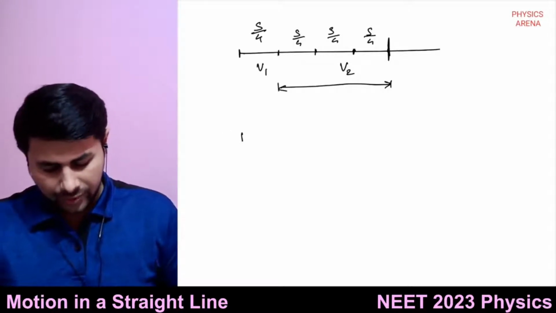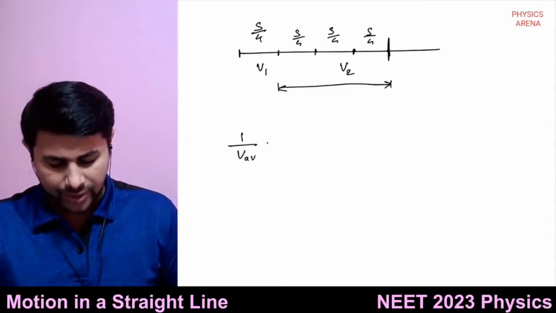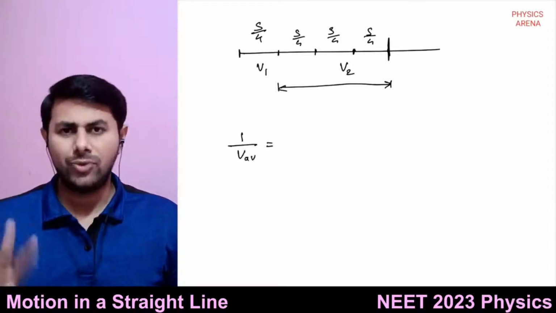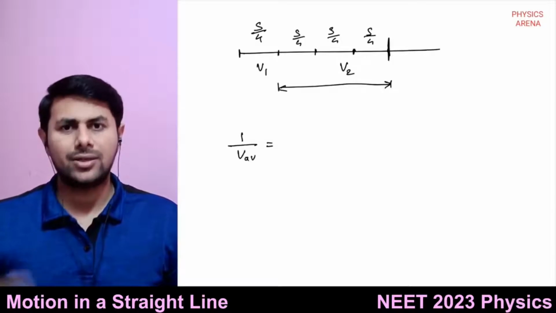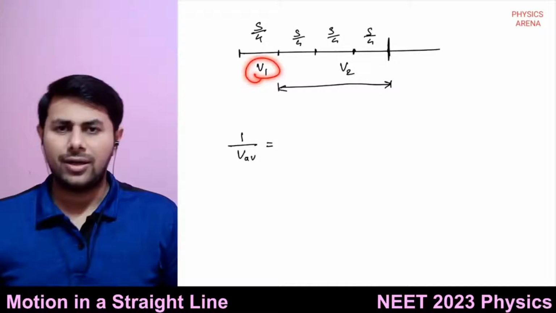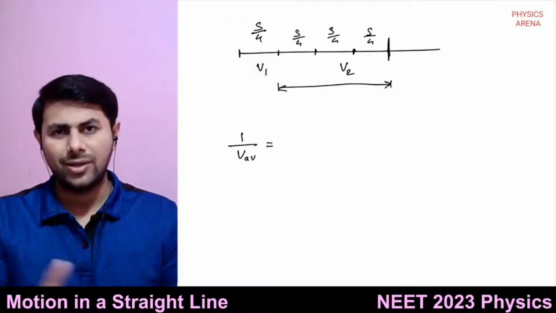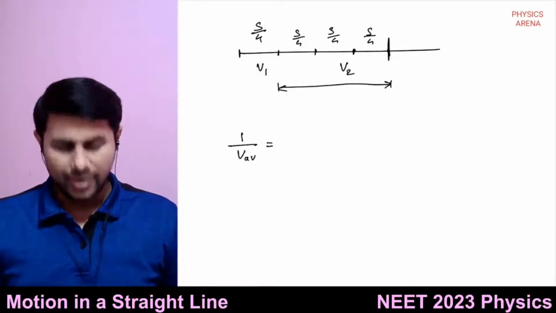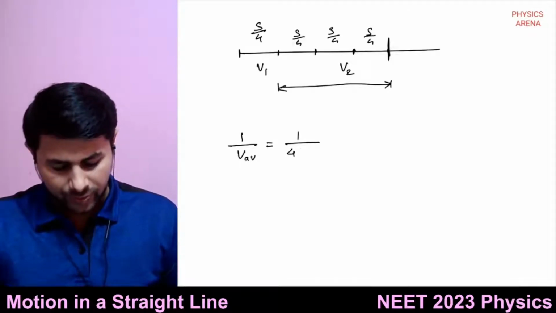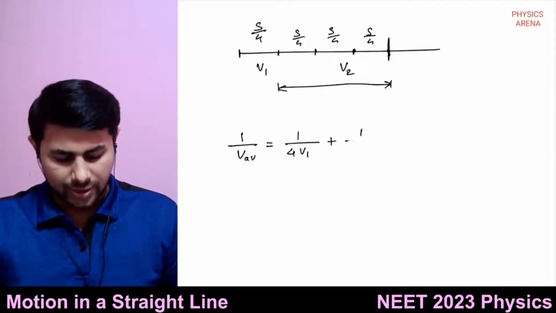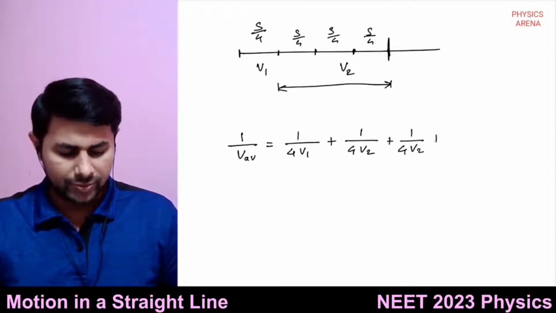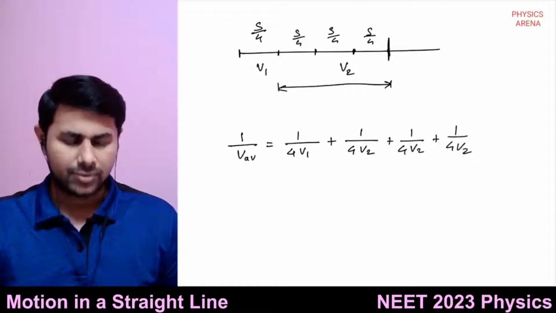So you can write 1 upon v average equals to what? Now we are dividing it into 4 parts. So first s by 4 distance is covered with speed v1 and the remaining distance is covered with speed v2. So there are 4 parts. Therefore it is 1 upon 4 v1 plus 1 upon 4 v2 plus 1 upon 4 v2 plus 1 upon 4 v2.